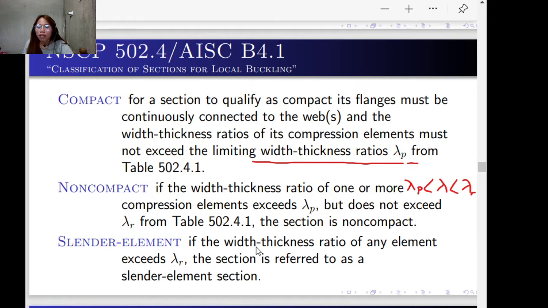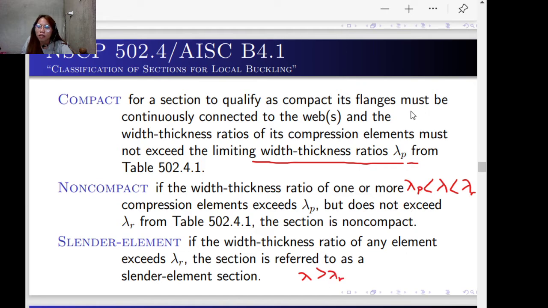And slender element, if the width to thickness ratio of any element exceeds lambda sub r, the section is referred to as a slender element section. Slender element, if the lambda is greater than lambda sub r.